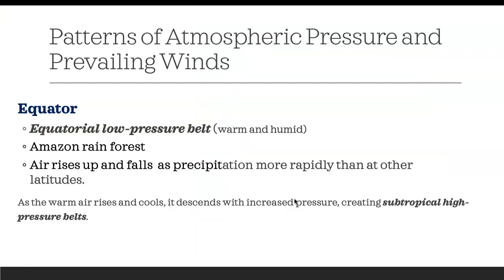This probably looks a little bit busy, but there's only one thing I want to point out. It's the equator. Now let's review that equatorial low pressure belt again, because this contributes to the constant warm and humid climate in the rainforests all year around.